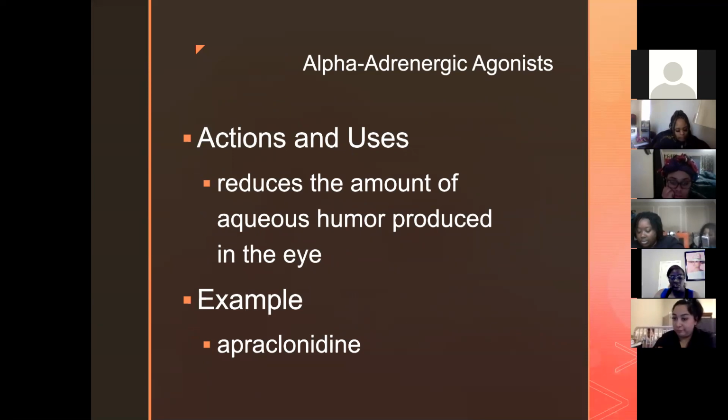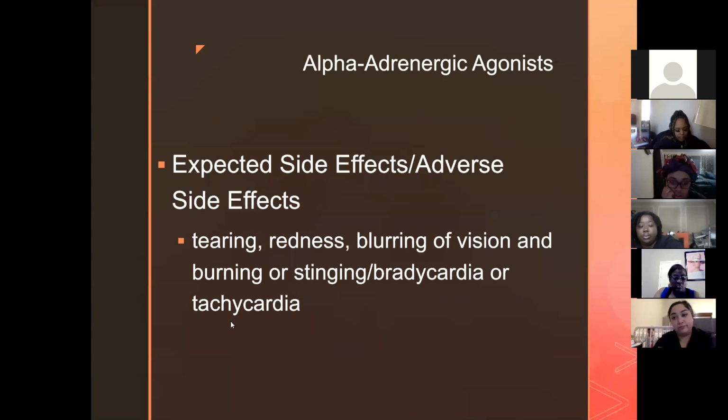If we're giving these alpha adrenergic agonists, some of the expected side effects would be tearing, redness, a little bit of blurred vision, and maybe some burning or stinging. And some adverse side effects could be bradycardia or tachycardia. So we want to make sure that we're monitoring our patients' vital signs when they're getting this medication as well.